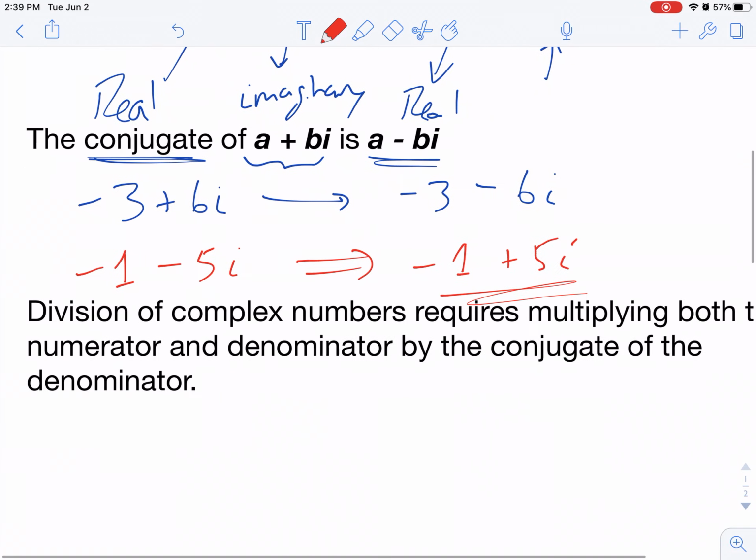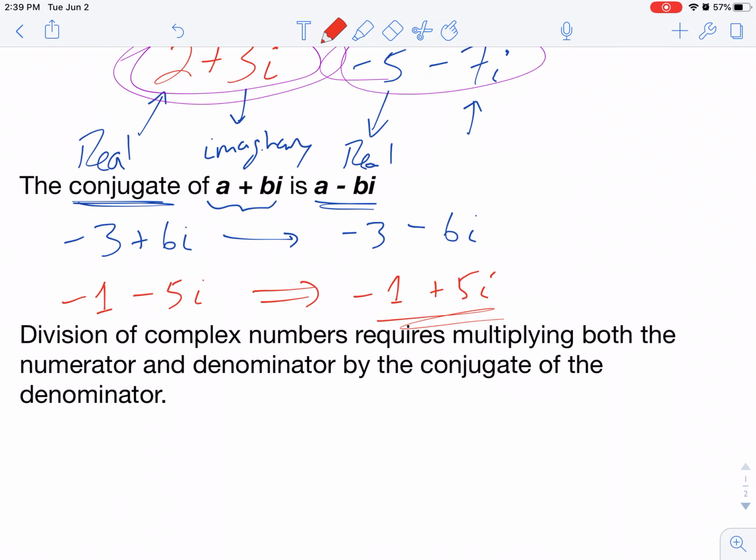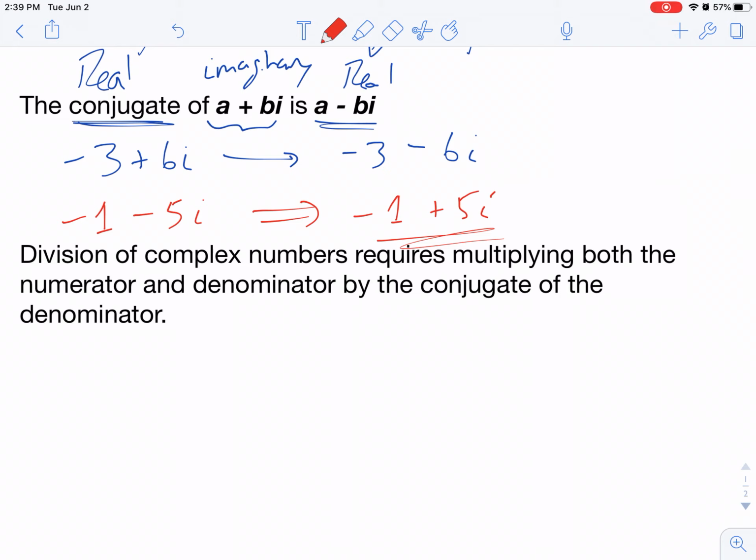And that leads into the next rule. This is when you're going to have to use conjugates. Most of this section is just dealing with adding, subtracting, multiplying, and dividing complex numbers. When we get to dividing, what we really do is change it into a multiplication problem, okay?